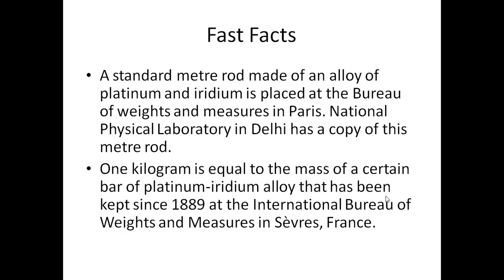A standard meter rod made of an alloy of platinum and iridium is placed at the Bureau of Weights and Measures in Paris. National Physical Laboratory in Delhi has a copy of this meter rod. 1 kilogram is equal to the mass of a certain bar of platinum iridium alloy that has been kept since 1889 at the International Bureau of Weights and Measures in Sèvres, France.